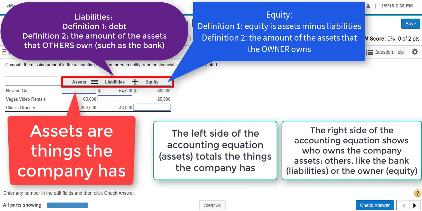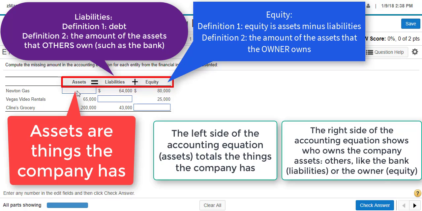Liabilities, so this is the portion that others own, and equity, or owner's equity, this is the portion of the assets that the owner owns. So let's look at Newton Gas. Of their assets, the bank, or whoever gave them the loans, owns $64,000 of the assets, and the owner owns $80,000 of these assets.